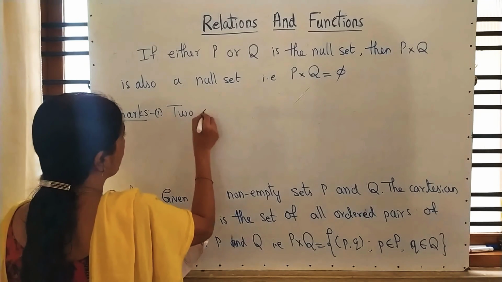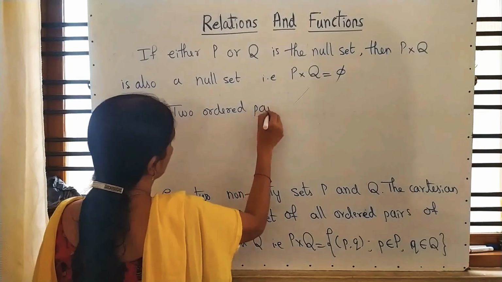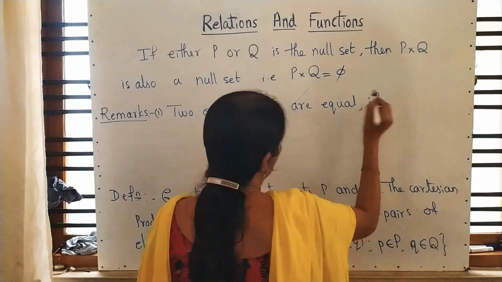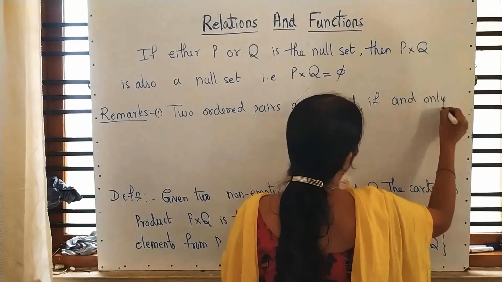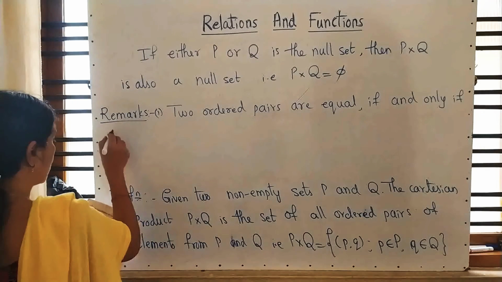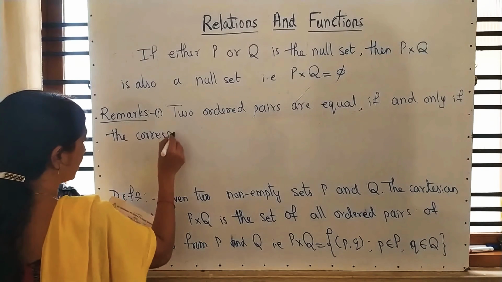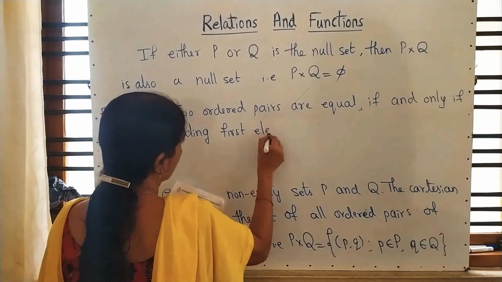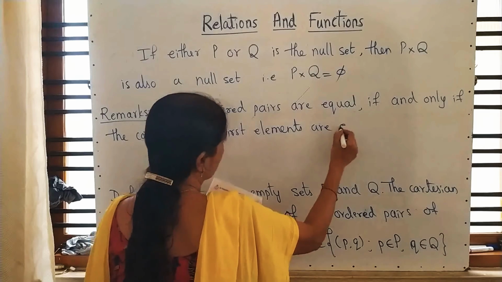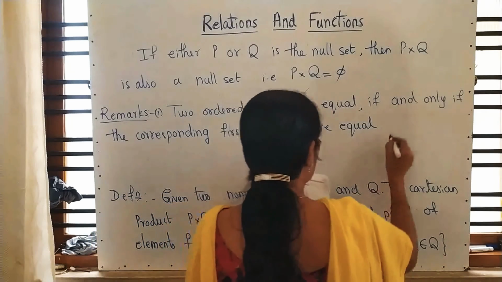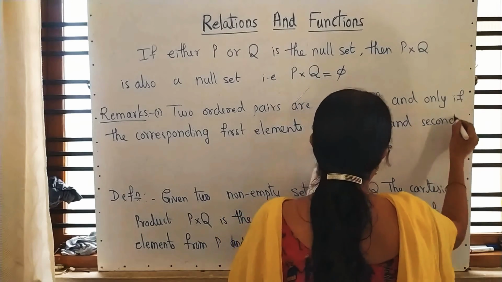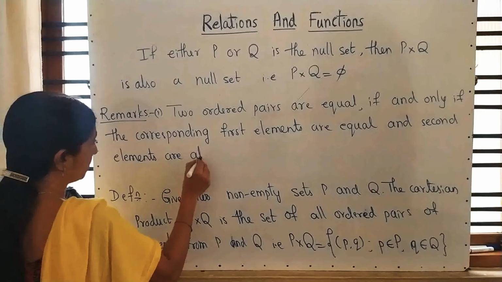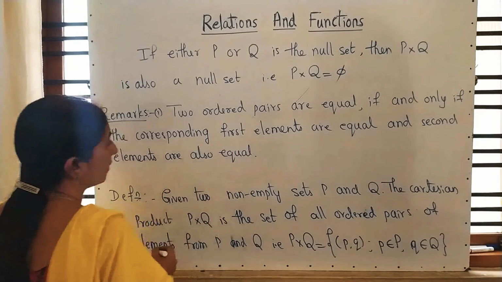Two ordered pairs are equal, as I already explained in the example, if and only if the corresponding first elements are equal and the second elements are also equal.